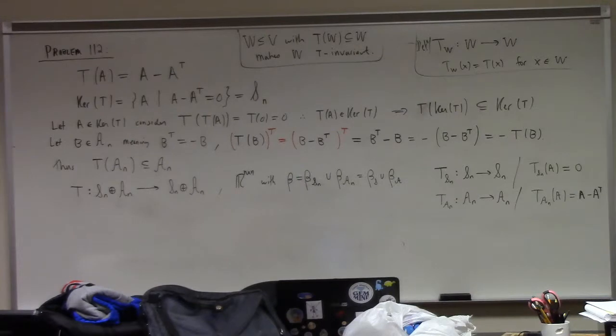Not 0 this time. A transpose is equal to minus A, because this is antisymmetric. So in other words, this is 2 times A. So actually, the mapping restricts to 2 times the identity mapping on An.